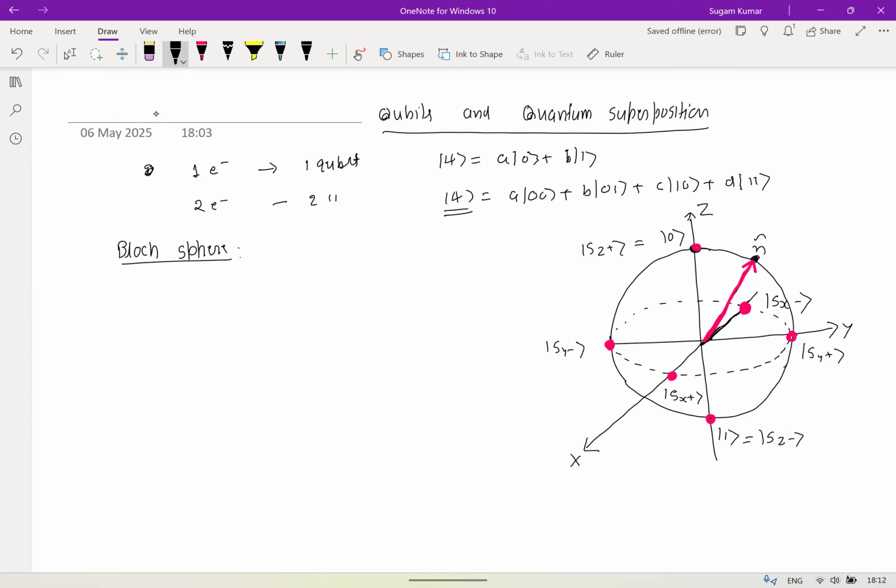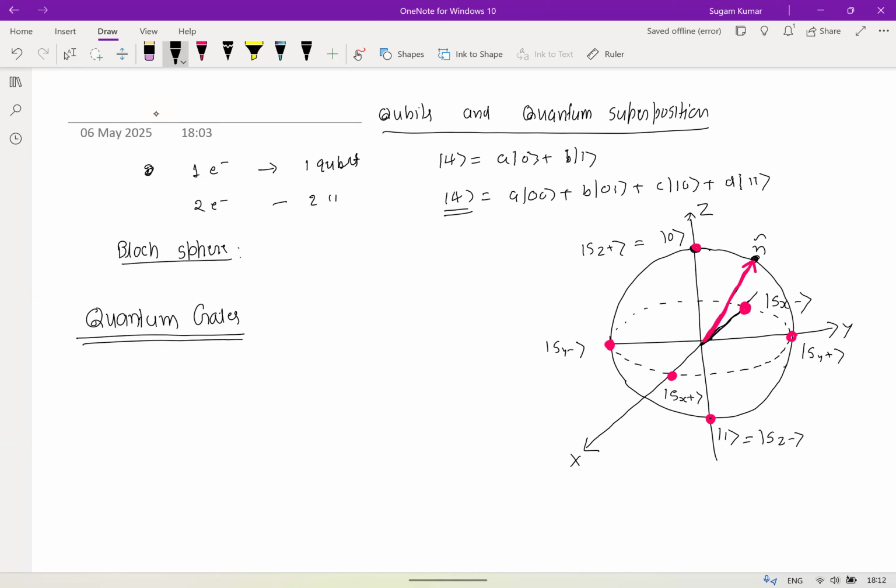When you talk about quantum gates, today's topic, as I mentioned, we will focus on quantum gates.